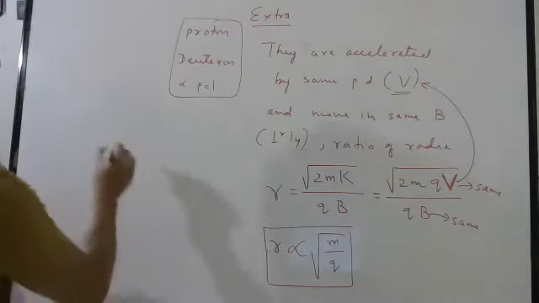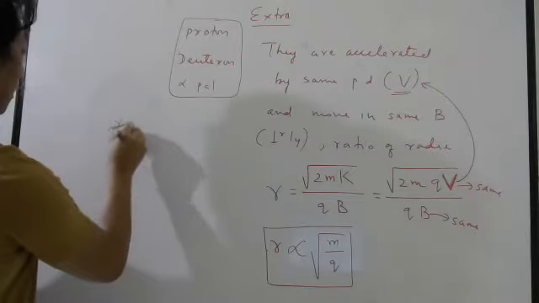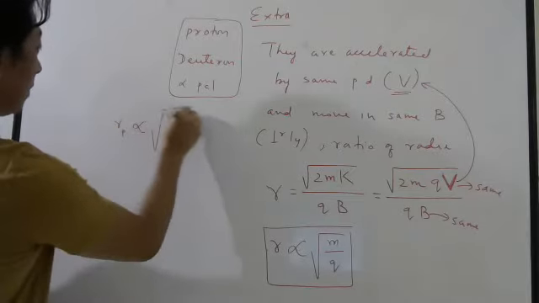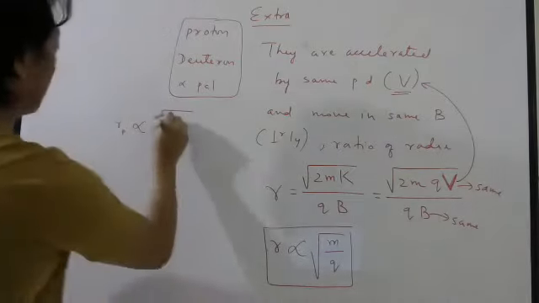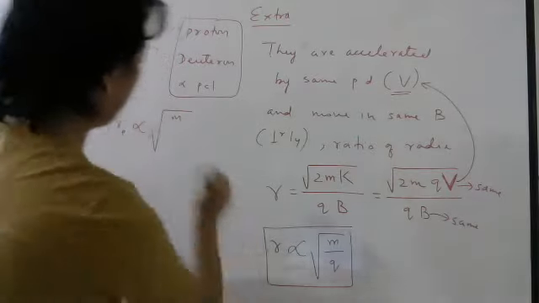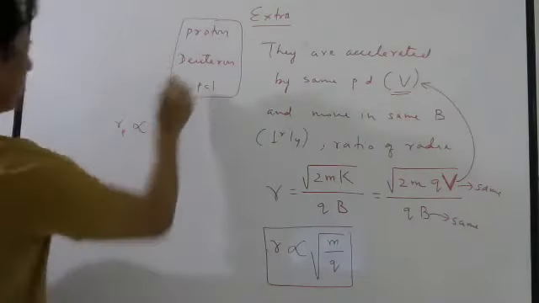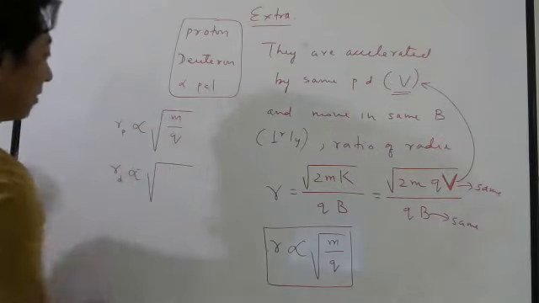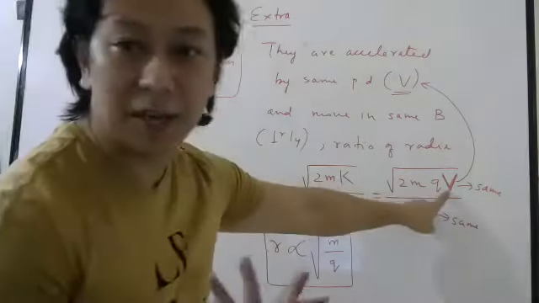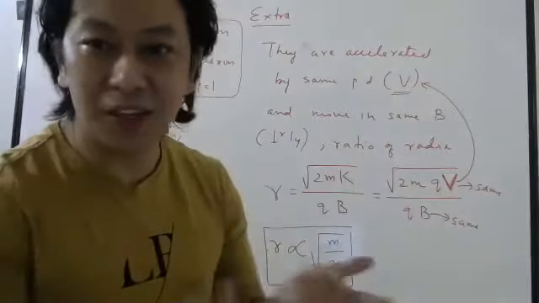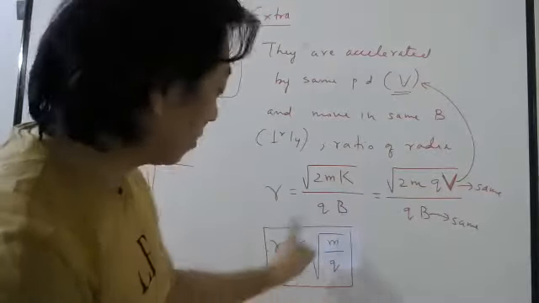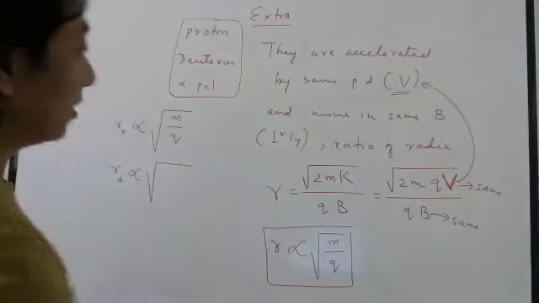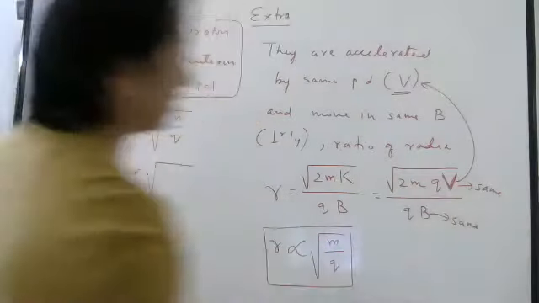Now let us try to find the radius of proton. It will be proportional to root over mass of proton, let us write m, charge of proton, let us write q. Then come to deuteron, proportional to, because voltage is same, no? So it will get cancelled when you take the ratio. So no need to write voltage when I write proportional. Voltage is same, magnetic field is same.